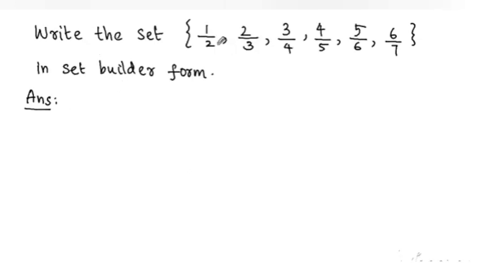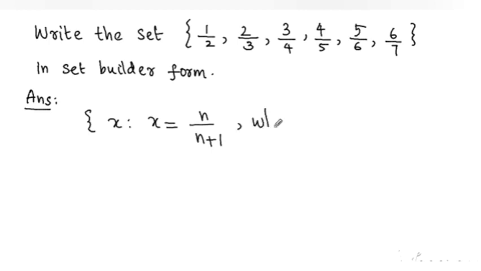Write the set of all 1 by 2, 2 by 3, 3 by 4, 4 by 5, 5 by 6, 6 by 7 in set builder form. So you have to identify the common property. You can see the set contains all x such that x is in the form n by n plus 1. The denominator is 1 more than the numerator, and the numerator is a natural number.